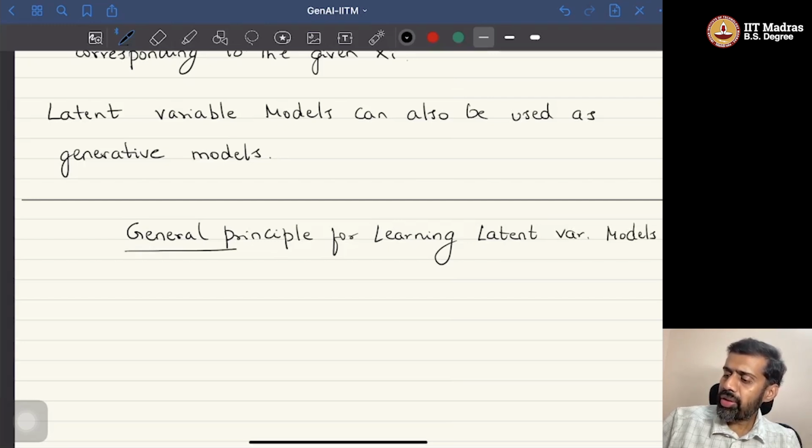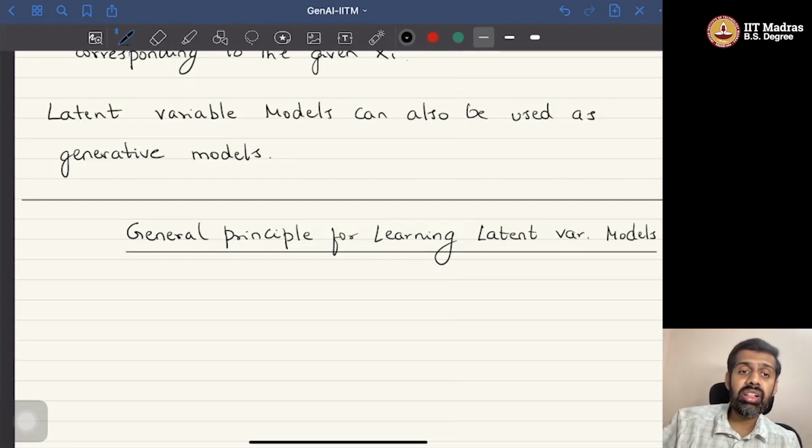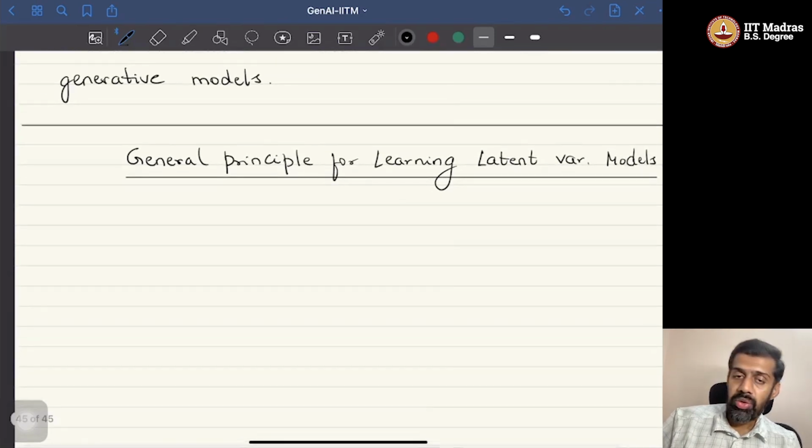The principle that we will see now is a general principle that can be applied to all classes of latent variable models, starting from GMM to diffusion models. So we have to look at this one general principle which we will be applying to multiple latent variable models.